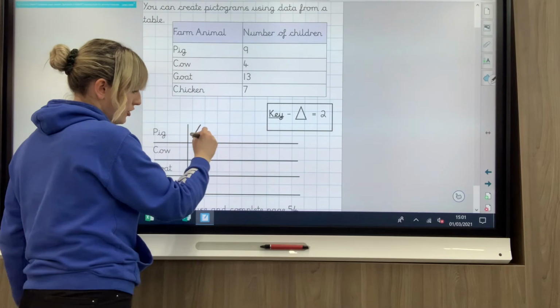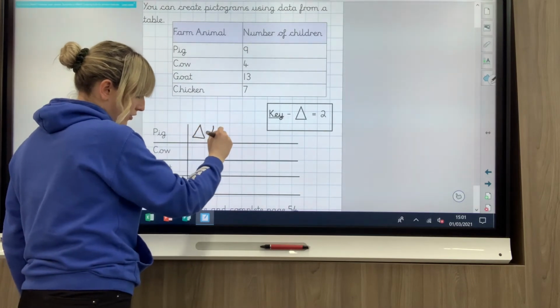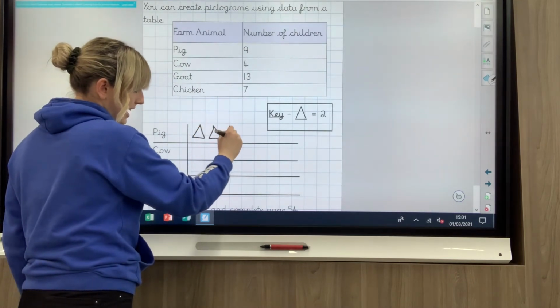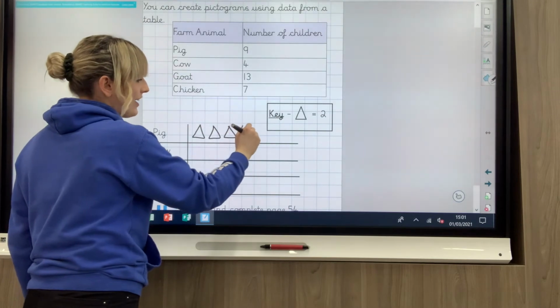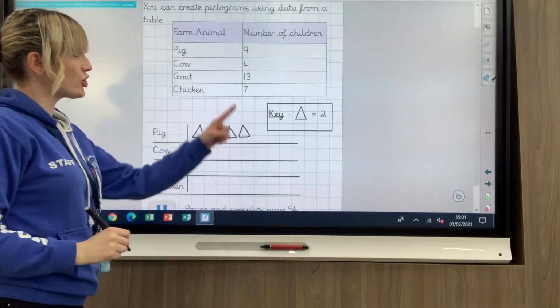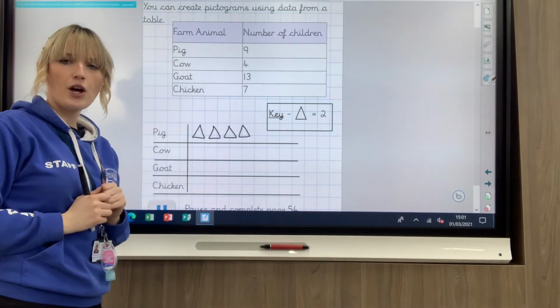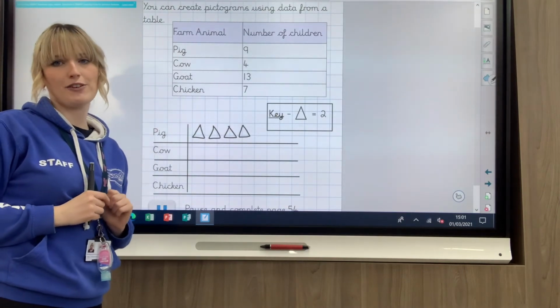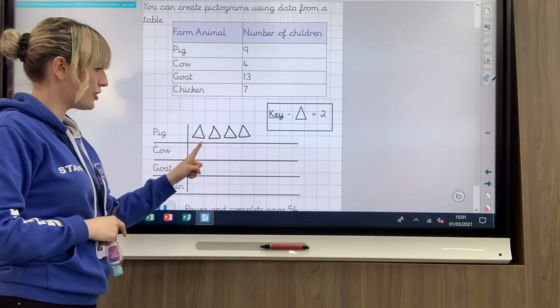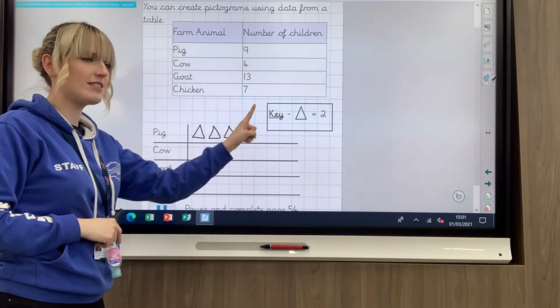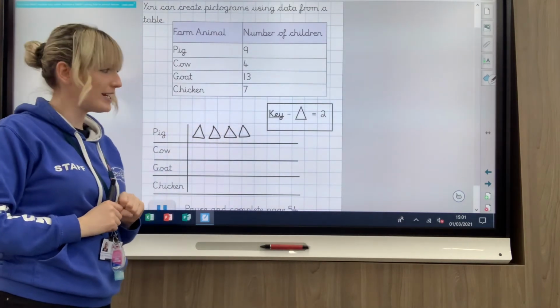So we've got 2, 4, 6, 8. Now we need to show 9. And if we're counting in 2s, what number am I going to get to if I draw another triangle? 2, 4, 6, 8, 10. It'd be too many, wouldn't it?